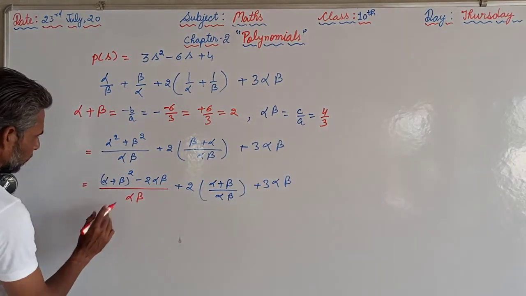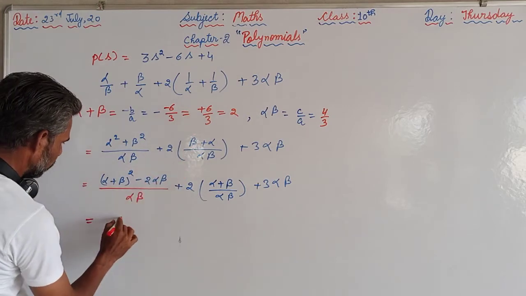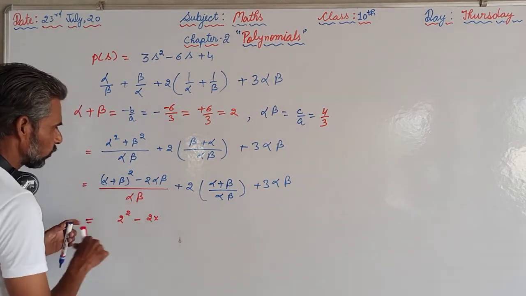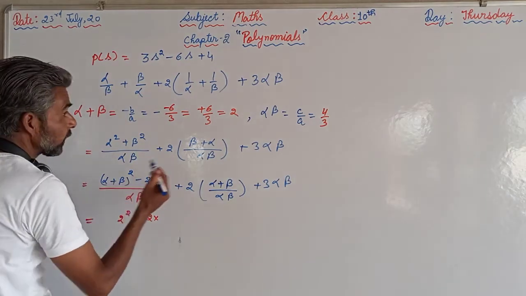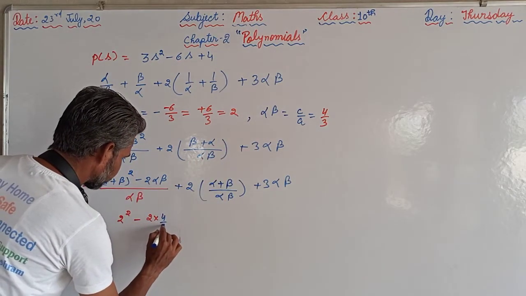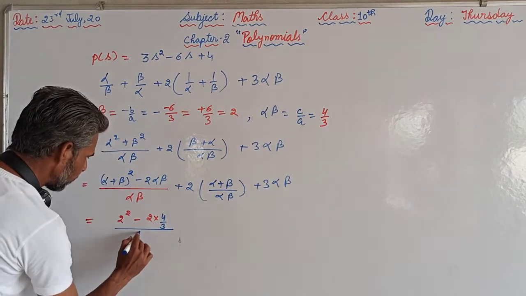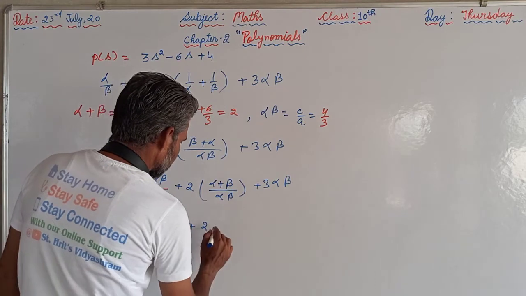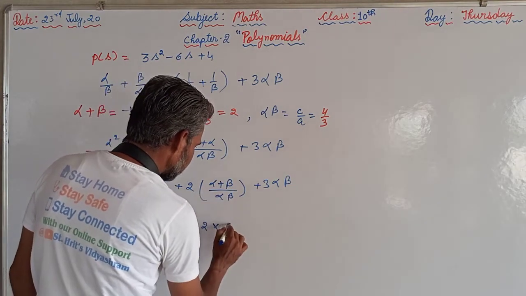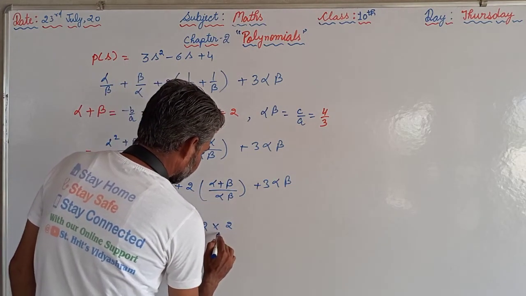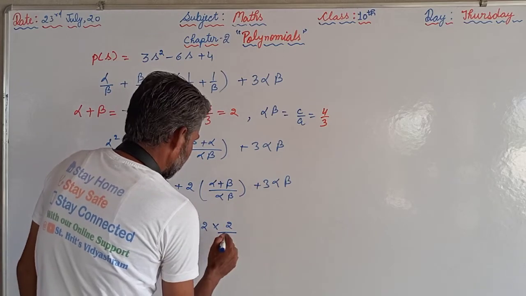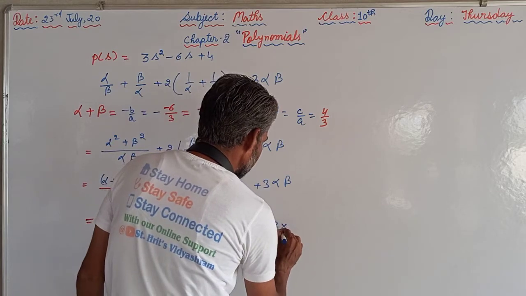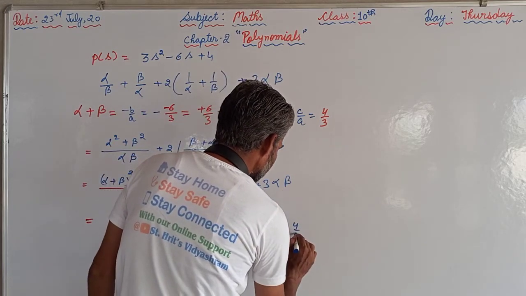So alpha plus beta is 2, square, minus 2 into alpha beta, and alpha beta is 4 upon 3, whole upon alpha beta, 4 upon 3, plus 2 into alpha plus beta, that is 2, upon alpha beta, that is 4 upon 3 again, plus 3 into alpha beta, which is 4 upon 3.